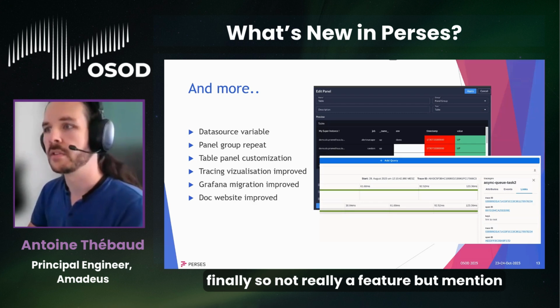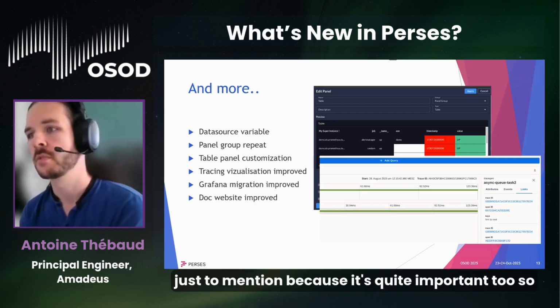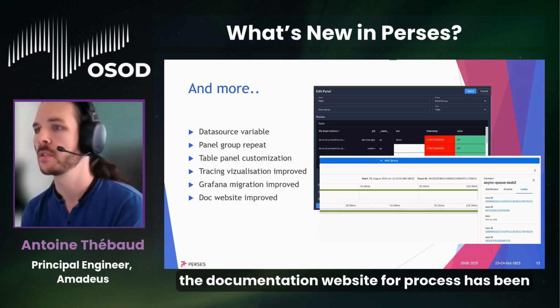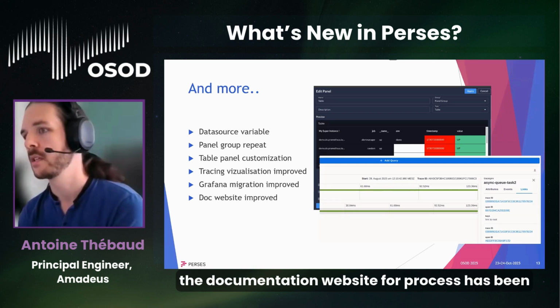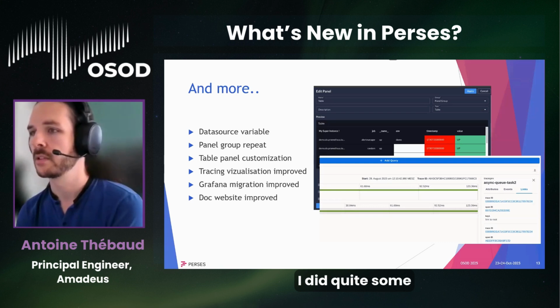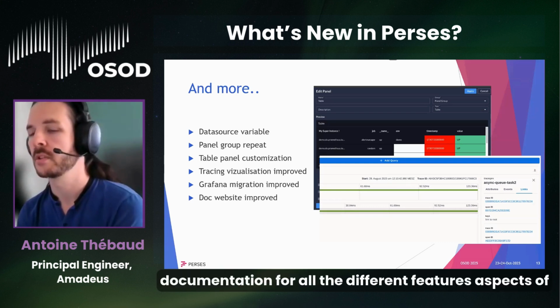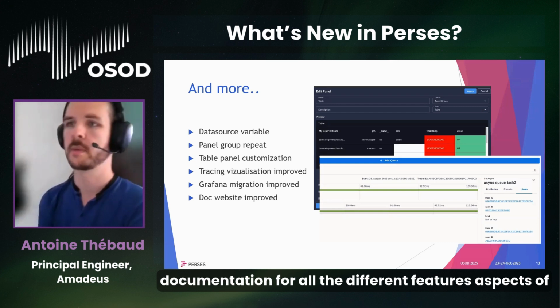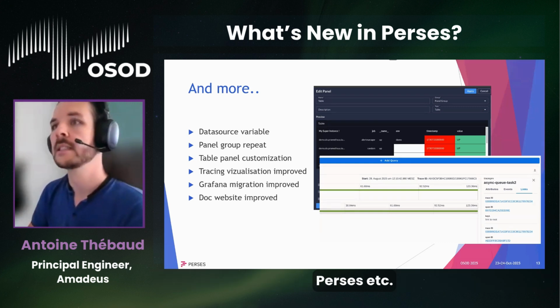And finally, not really a feature, but I want to mention it because it's quite important too: the documentation website for Perses has been improved a lot, and we have added quite some documentation for all the different feature aspects of Perses.